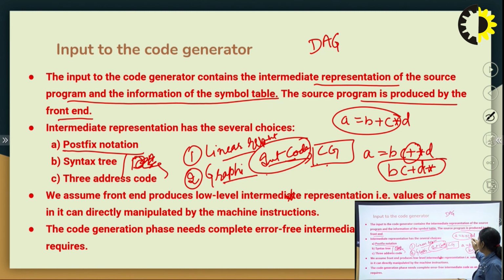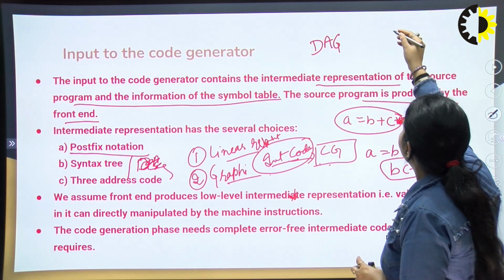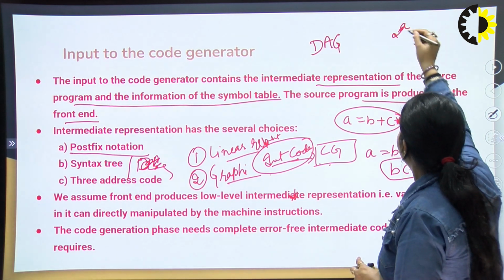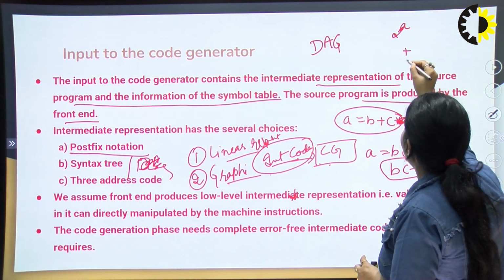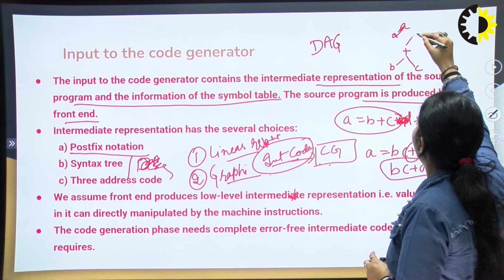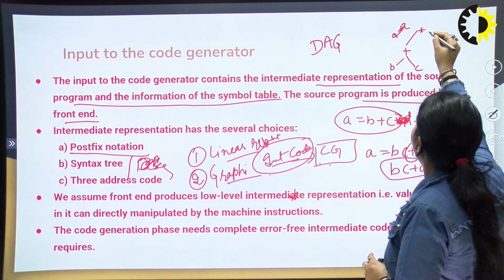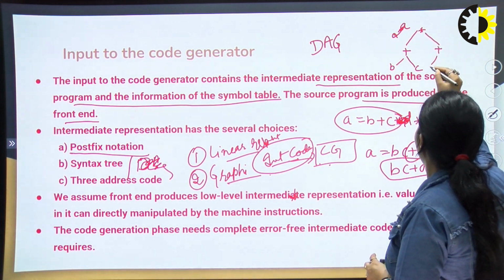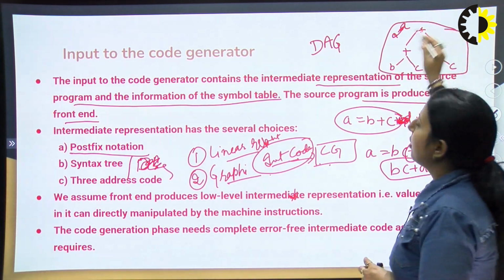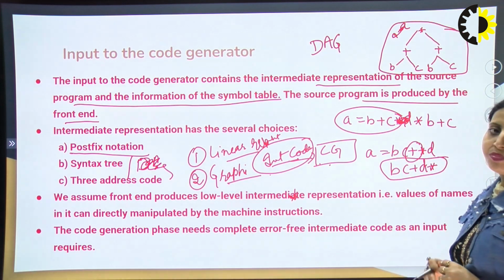If this is the expression, then the syntax tree for this expression is like this: A, and we start from the operator. So this is the syntax tree for this expression, right?